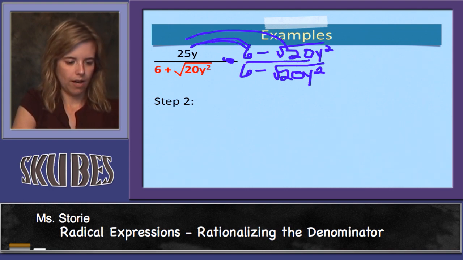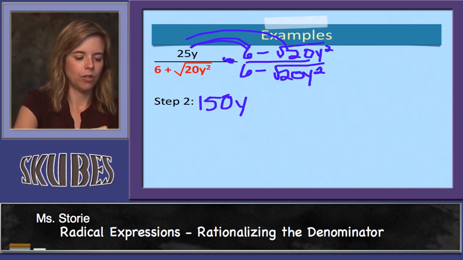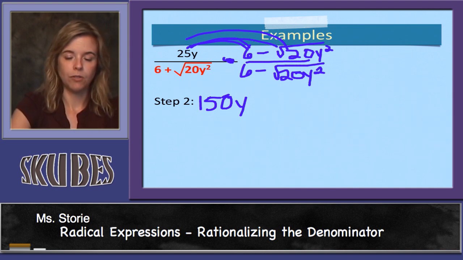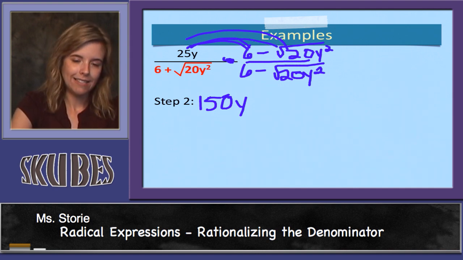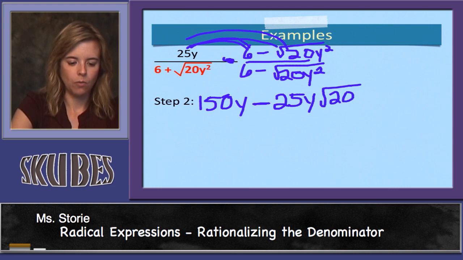You're going to take 25 and multiply it by 6, and you're going to get 150y. And then you're going to multiply 25y times the radical. Because it's a negative, you're going to end up with negative 25y radical 20y squared.